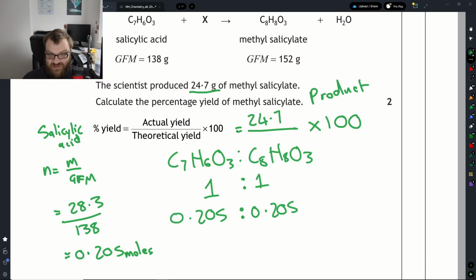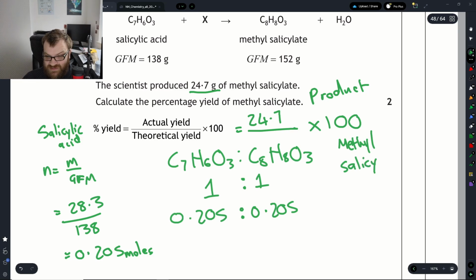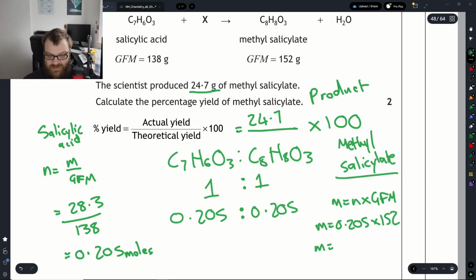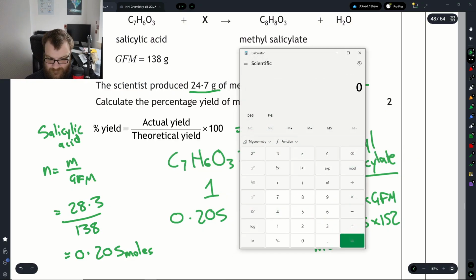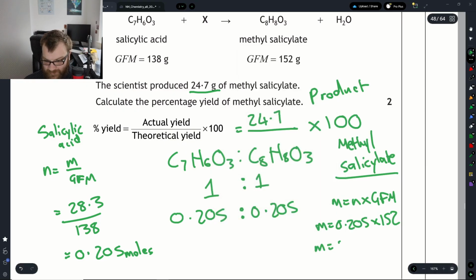Earlier, we have to work out the mass, moles times GFM. That's going to be our 0.205 times 102. This is 31.16 grams.